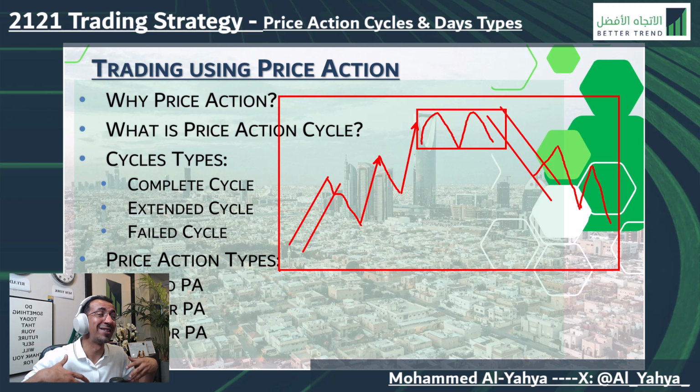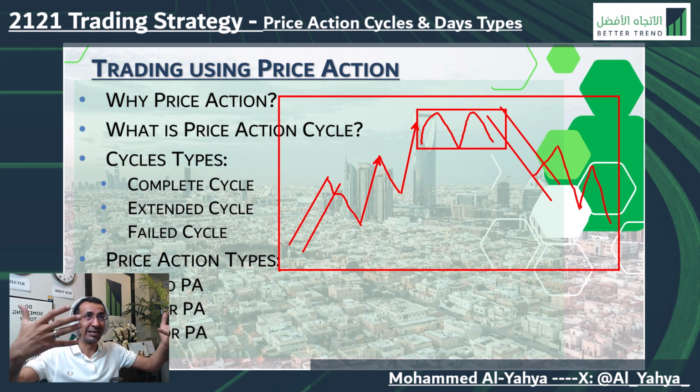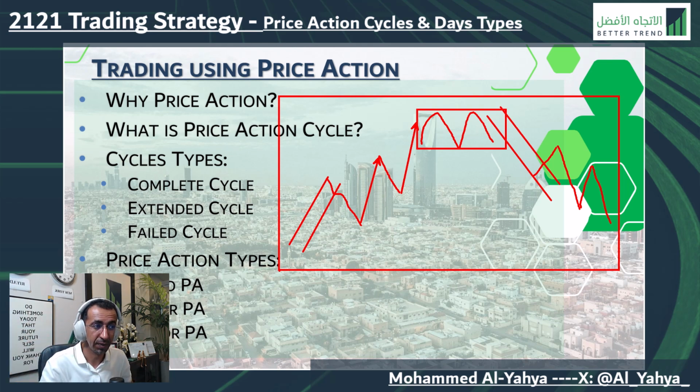That you should anticipate, that you should expect to happen. The normal thing in a normal situation, if the market is ranging, if the market doesn't have a strong bias to one direction. Okay? And this one could be strong, could be weak.